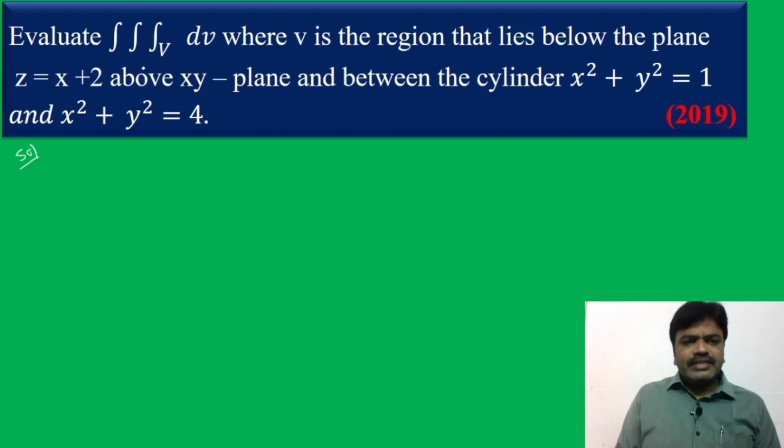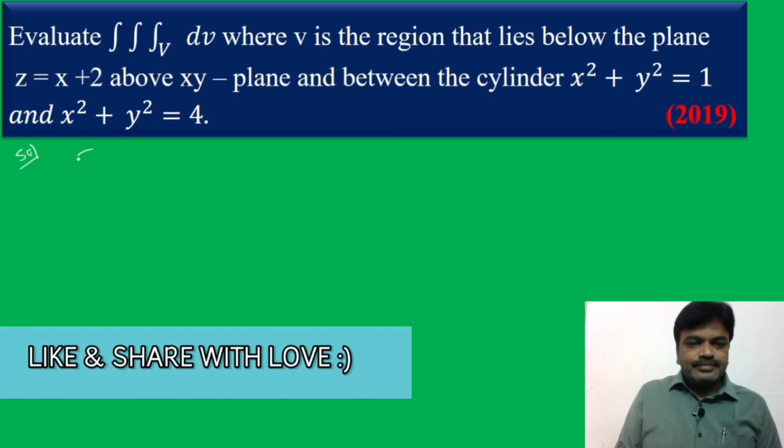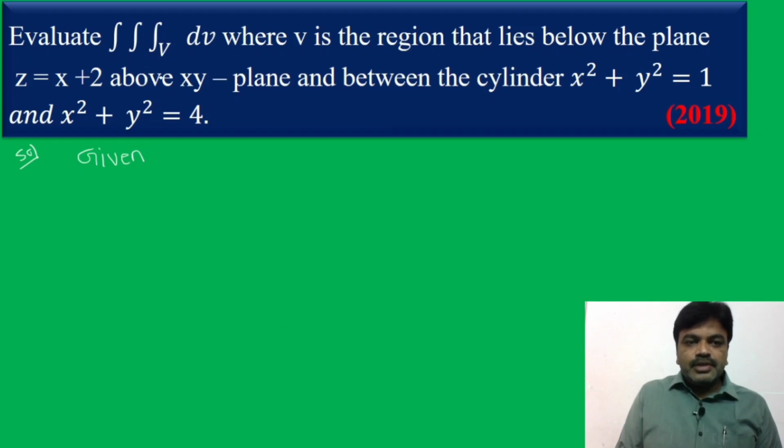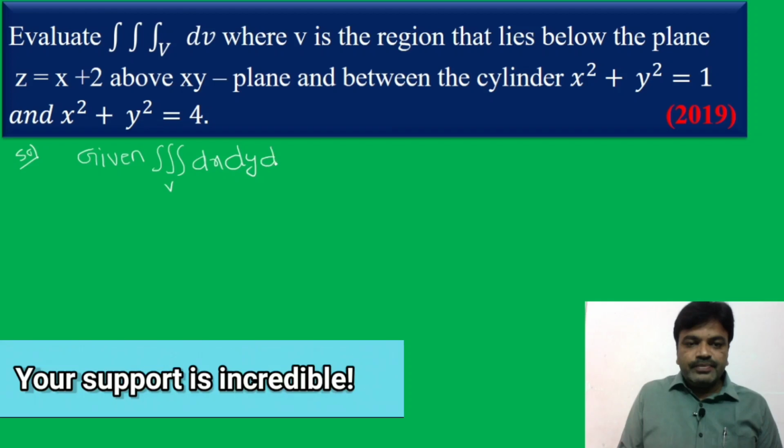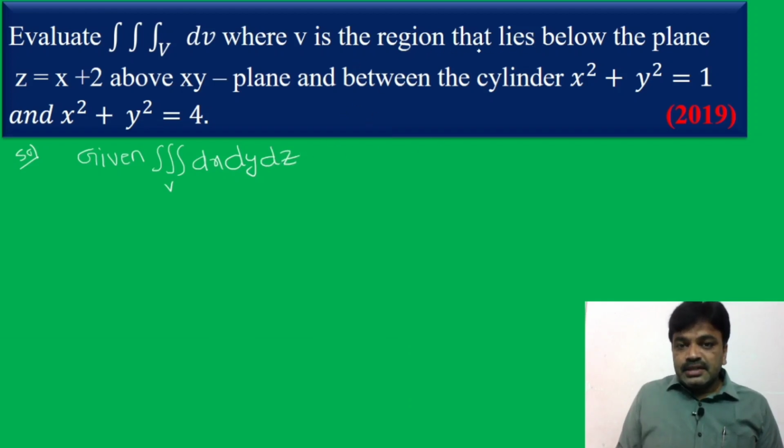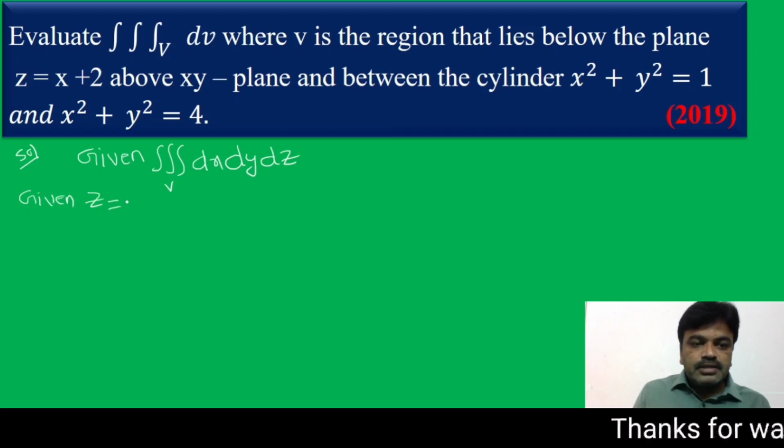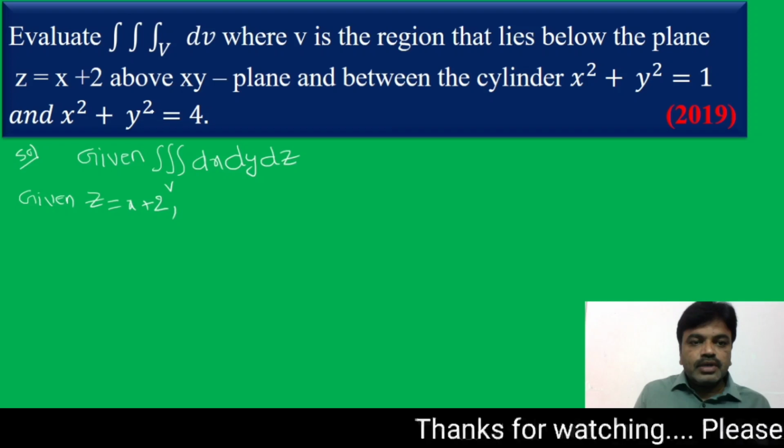First of all, write the given data here. Given: triple integral over V dV. dV means dx dy dz, so write triple integral over V dx dy dz. Moreover, the region lies below the plane z equals x plus 2, above the xy plane.